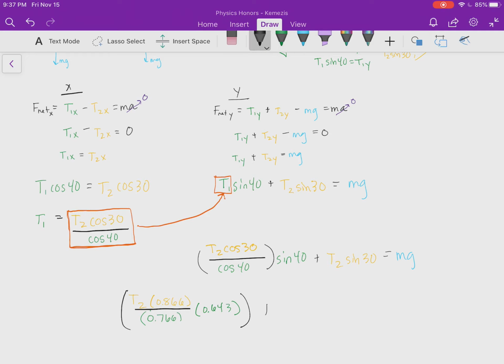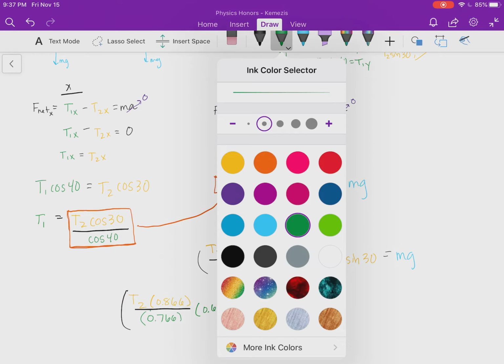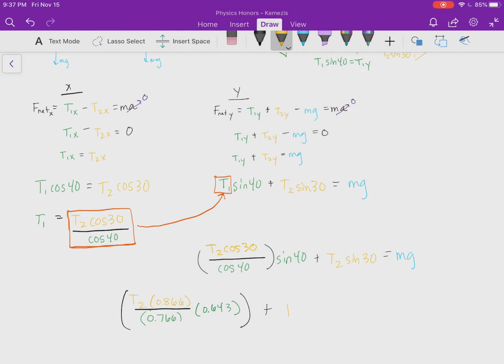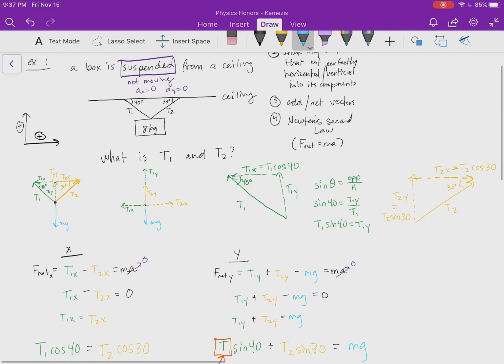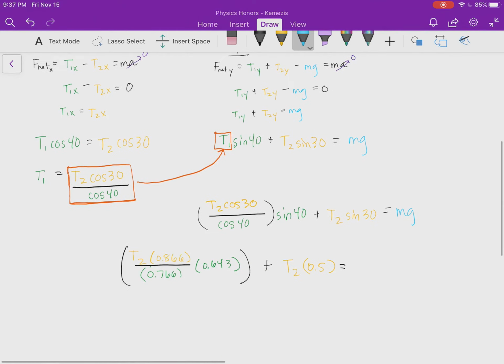Then all of this gets added to T2 sine 30, which is 0.5. And this all has to be equal to the weight. Go back up here, right? We have an 8 kilogram mass hanging. 8 times 10, which is 80.